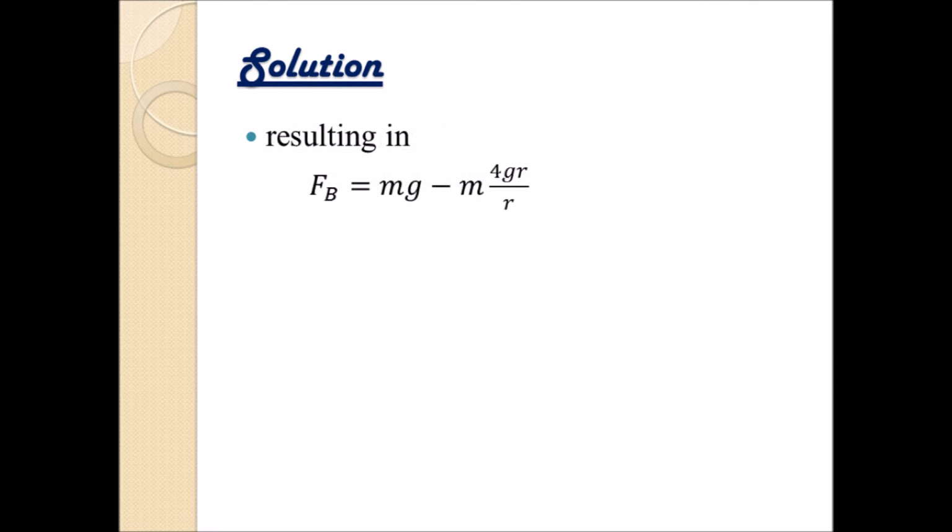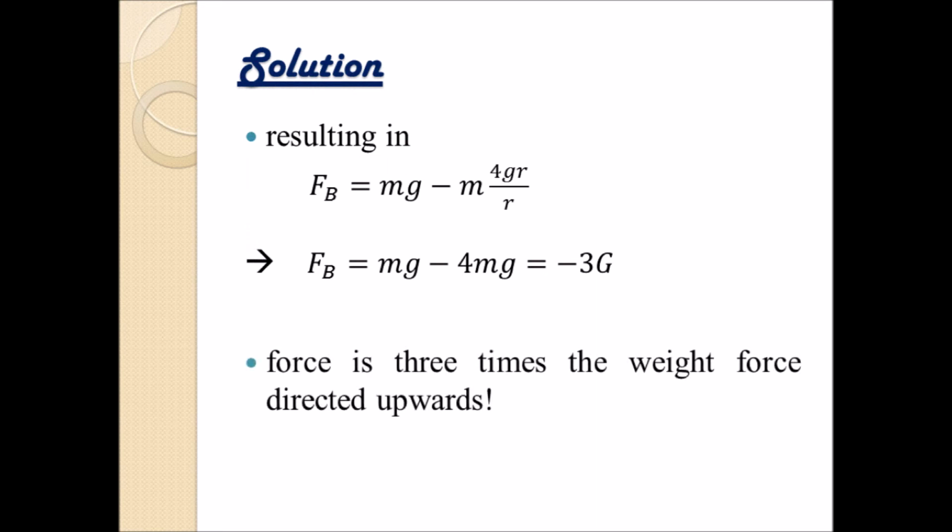And if we put this in our equation of forces, we can see here that on the right-hand side, our radius r cancels out again, which enables us to tell that the total sum of forces in point B equals minus 3 times the gravitational force, the weight force. And the minus tells us that in this case it's directed upwards.